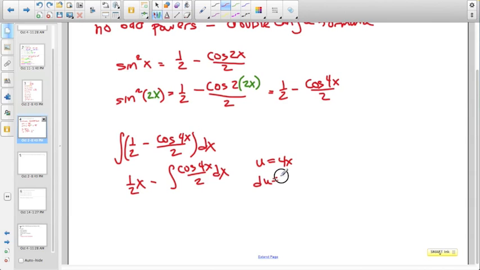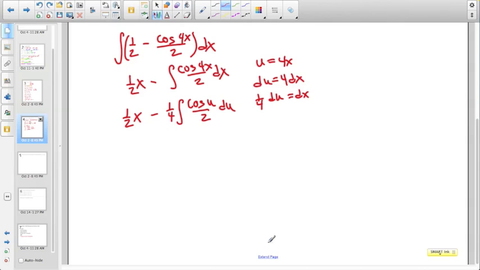Then our du equals 4 dx. So we need a 1/4 du out front to substitute out our dx. So this is going to look like 1/4 out front cosine of u over 2 du.